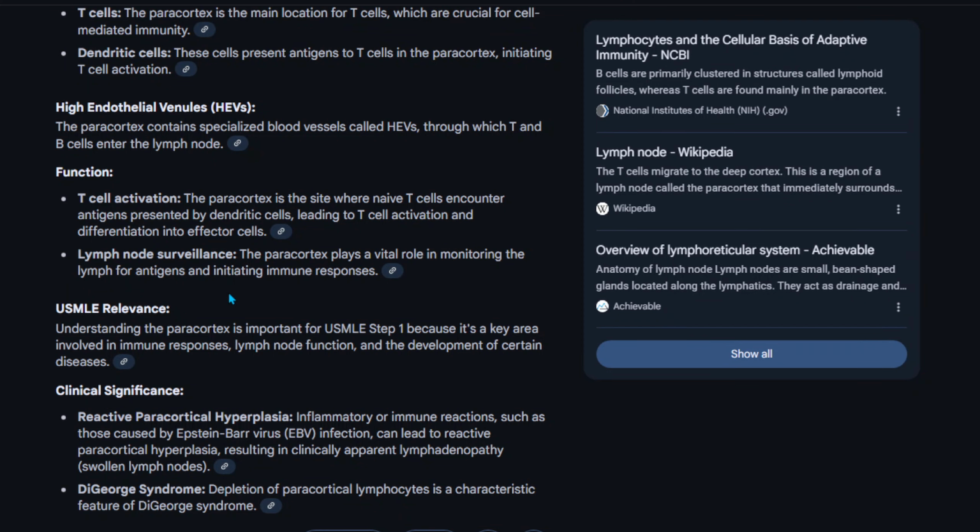The paracortex is the site where the naive T cells, that means the newborn T cells, encounter antigens presented by the dendritic cells, leading to T cell activation and differentiation into effector cells, the cells that kill. So for lymph node surveillance, the paracortex plays a vital role in monitoring the lymph for antigens and initiating immune responses.